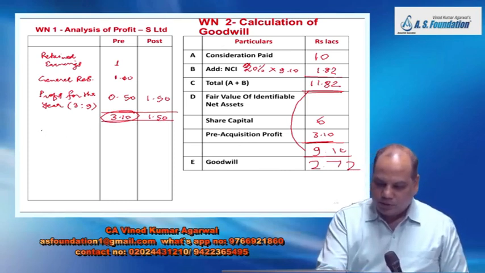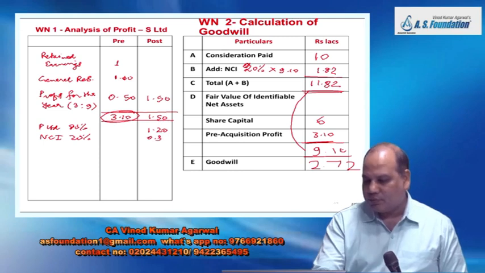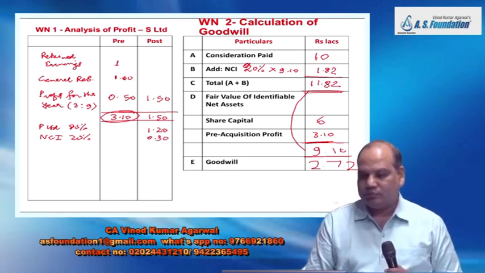Okay, wait. Analysis of profit S Limited. Right here P Limited 80%. Post column 80% is how much? 1.20 and 20% 0.30.